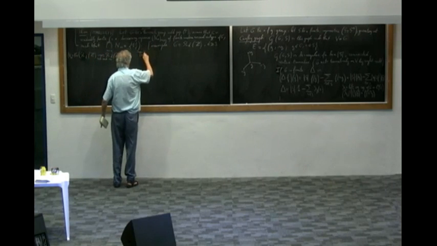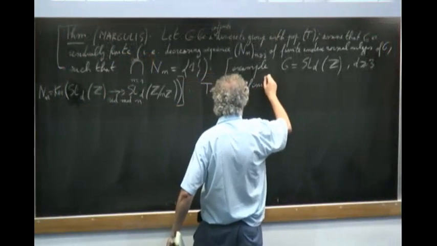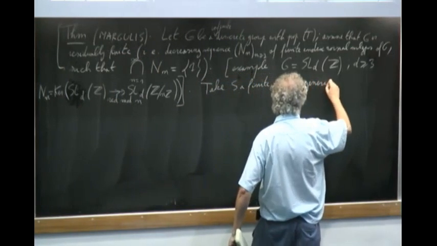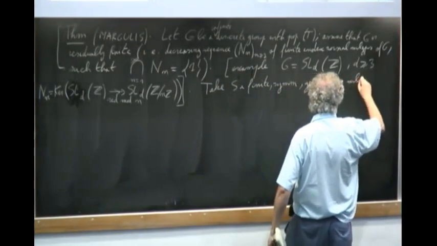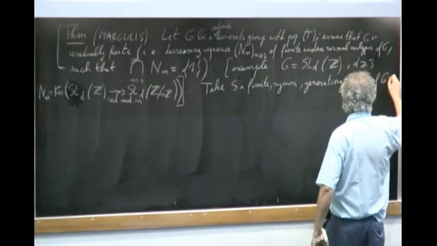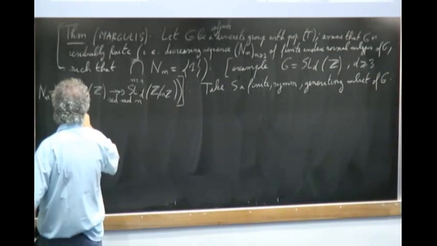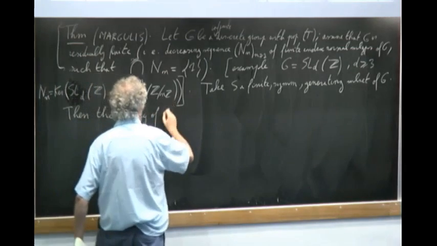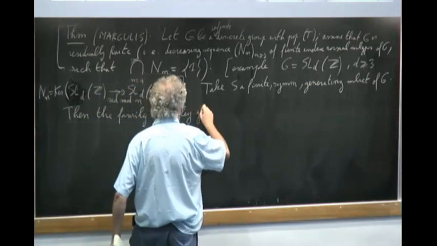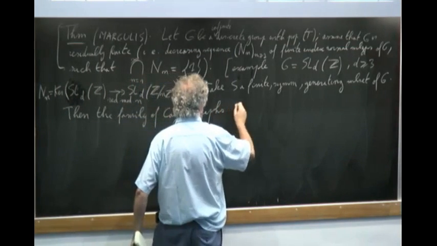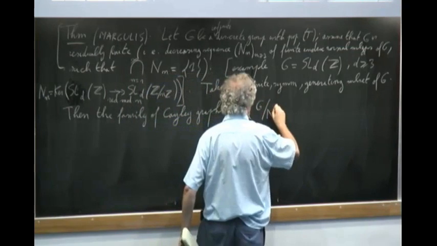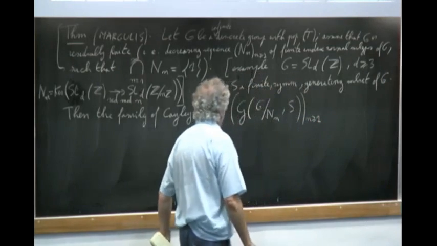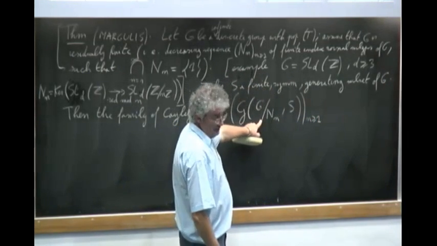Take S, a finite symmetric generating subset of G, then the family of Cayley graphs of the quotient group, which is a finite group.